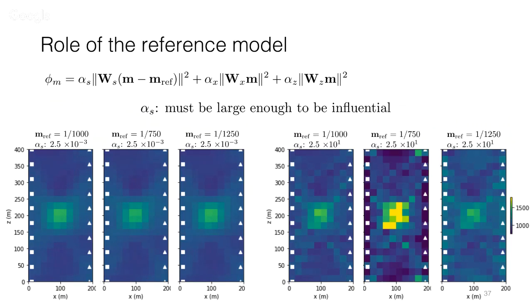It's trying very hard to make something that's close to 750 meters per second everywhere. And here it's 1,200. And so in this case, having a wrong reference model has hurt you. But you need to know, in order to make this term effective, that this number has to be large enough.